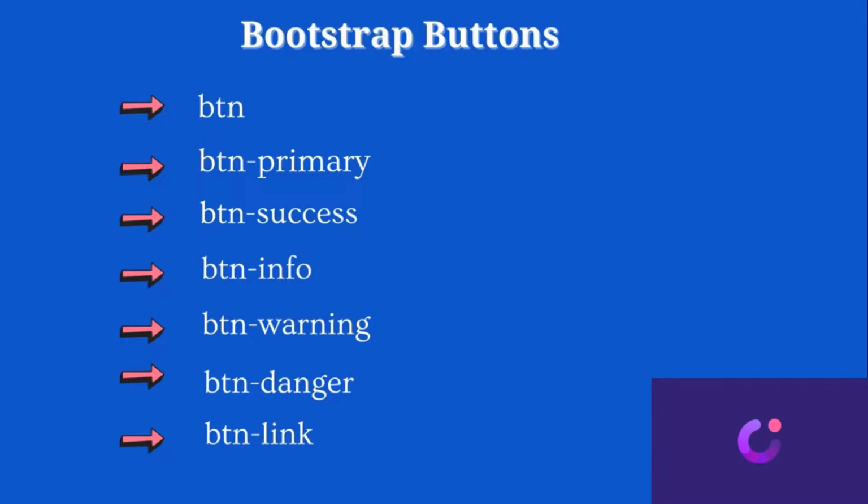But by default, as I said, these classes will give you only a difference in color as far as the design is concerned. So let's see how to implement buttons with Bootstrap CSS classes.